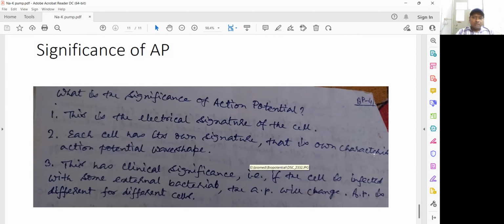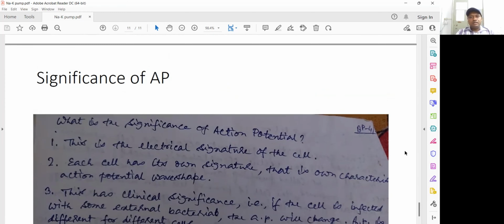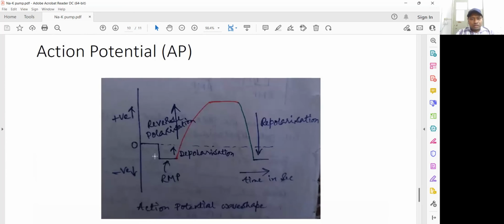The third one is that this has clinical significance. If the cell is infected with some external bacteria, the resting membrane potential will not be the same. Either it will be higher than 90 millivolt or less than 90 millivolt, and the RMP will not start from minus 90 millivolt.